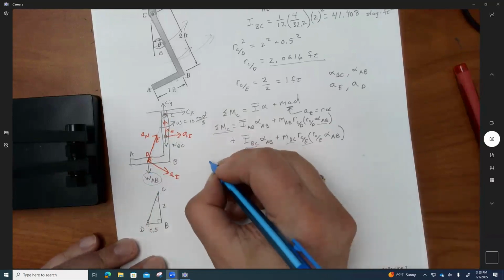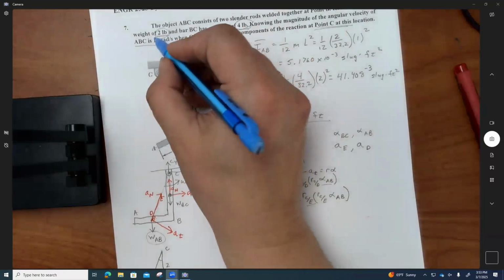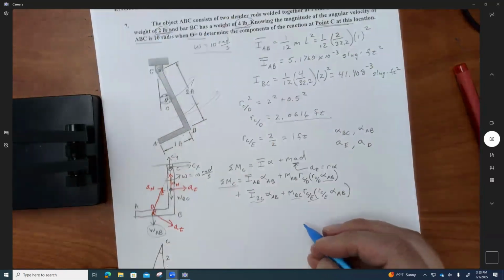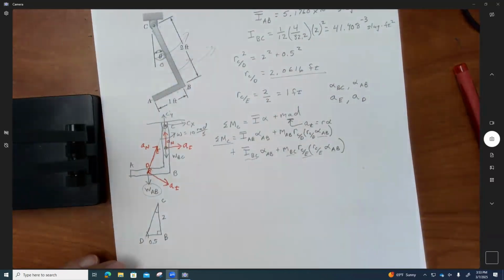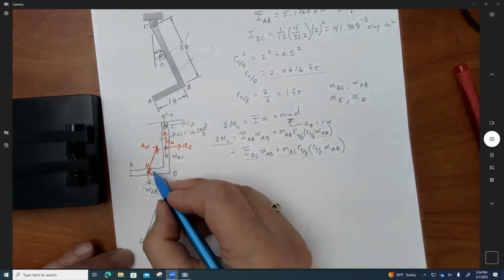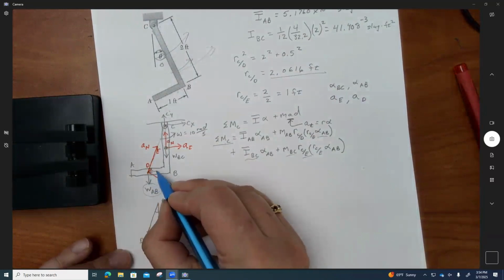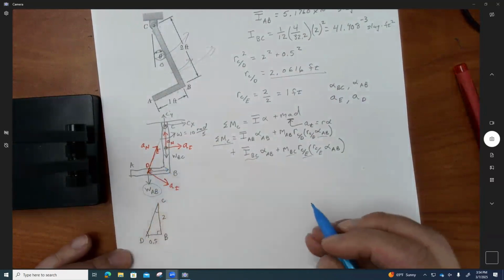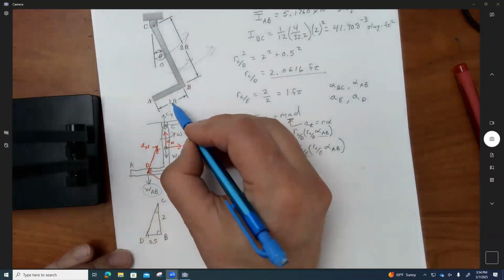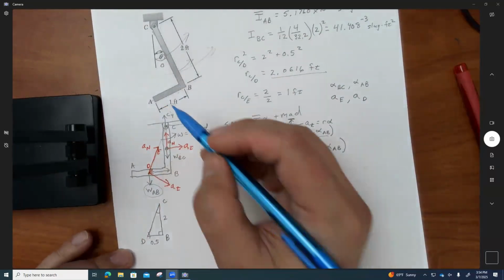And that is going to be equal to 2 pounds. And it is going to be at a distance away from C. That is right here. That's going to be half of 1, which is 0.5.